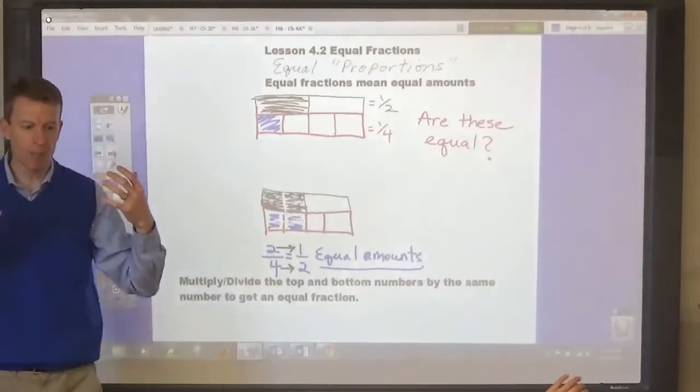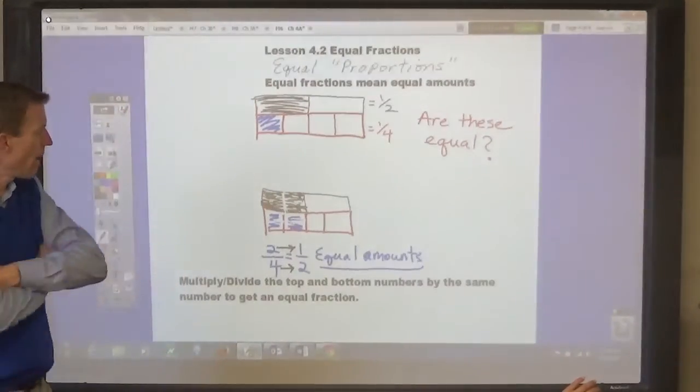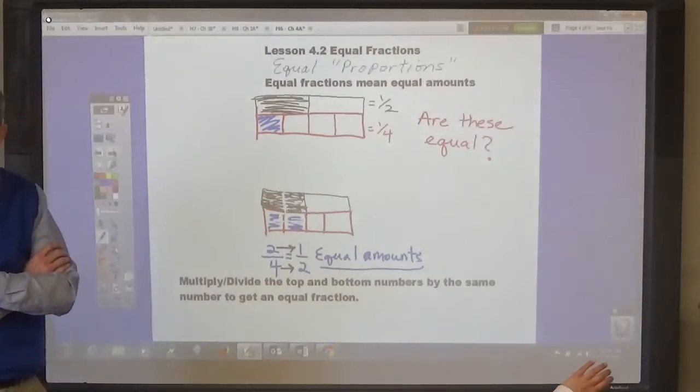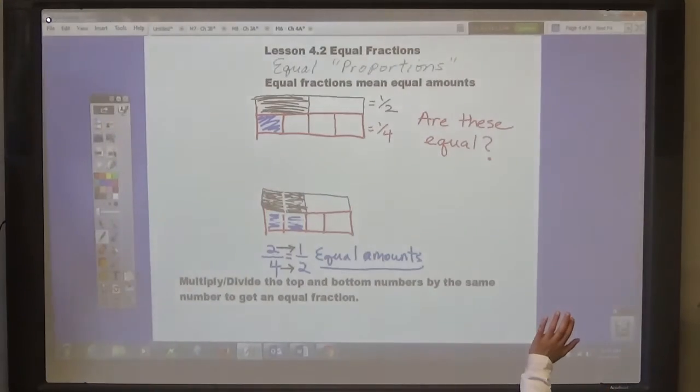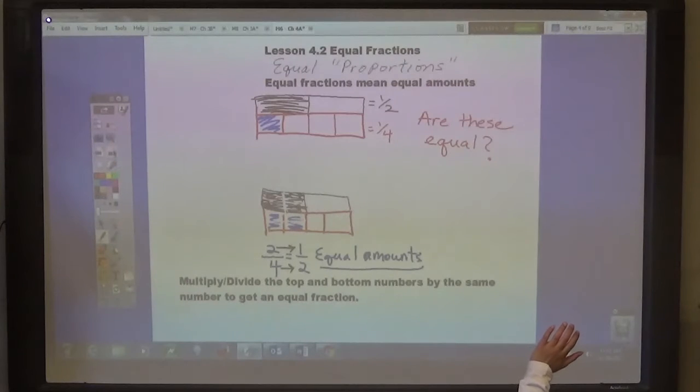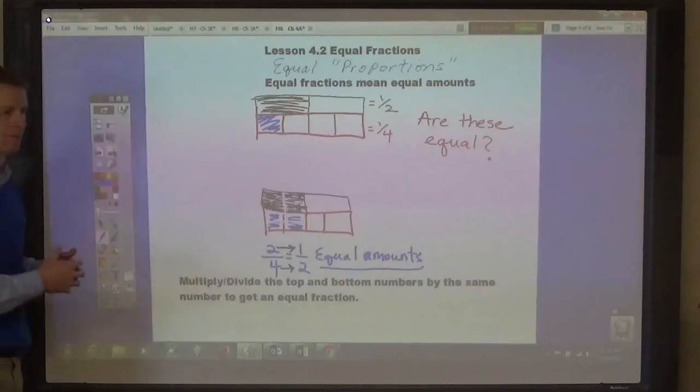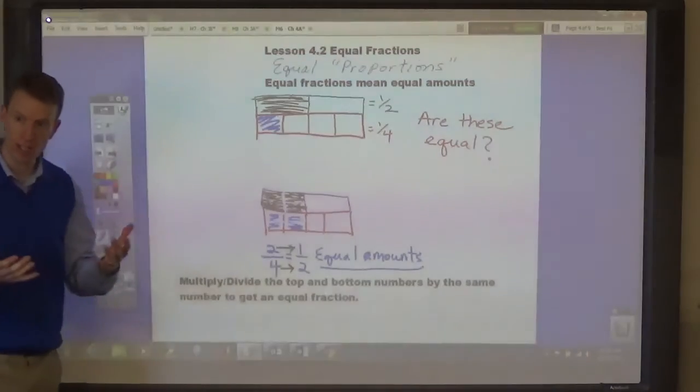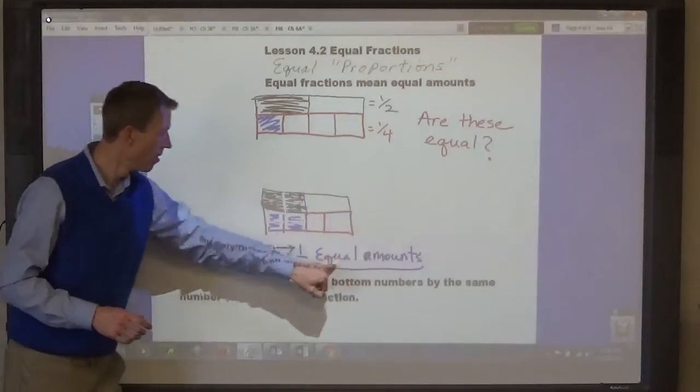So when we're talking about equal fractions, what are we actually talking about? What are you trying to find, or what are you getting with equal fractions? What is equal about them? They're the same amount. They're the same amount, equal amounts, okay?